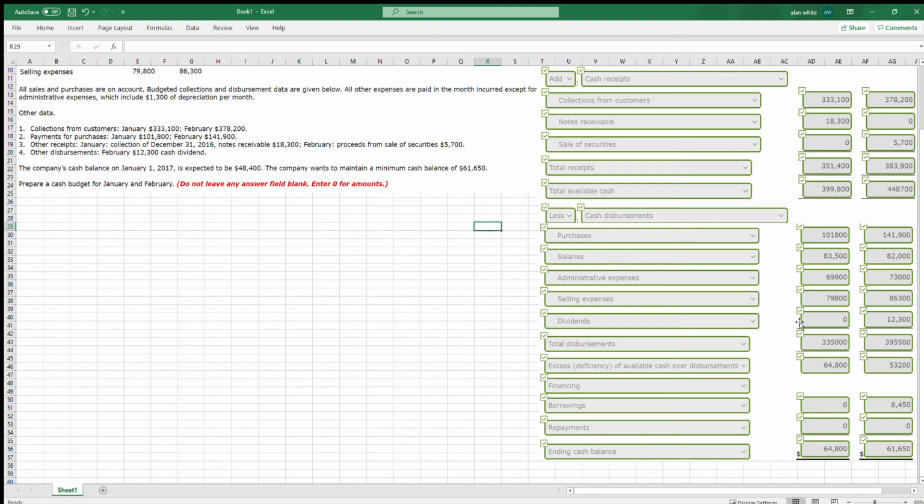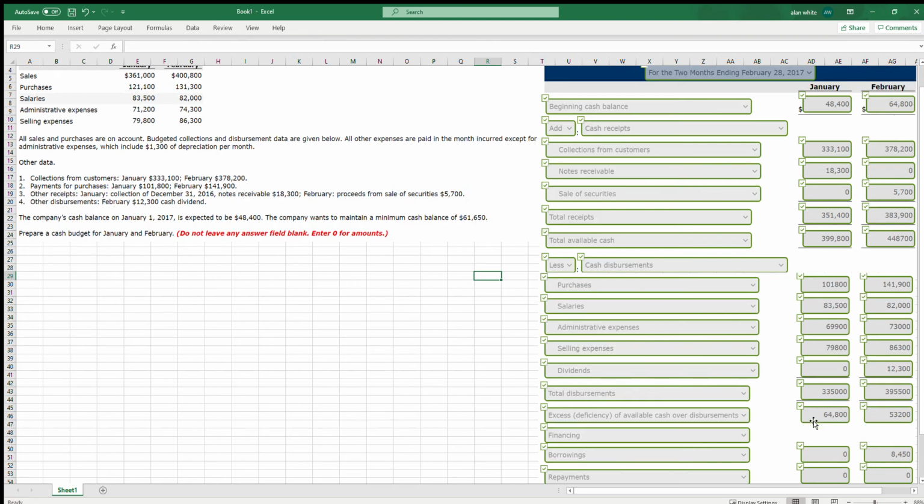Okay, and the next line here is our excess or deficiency of available cash over disbursements. And the way that we find this value is pretty simple. We're going to take our total available cash and subtract our total disbursements.